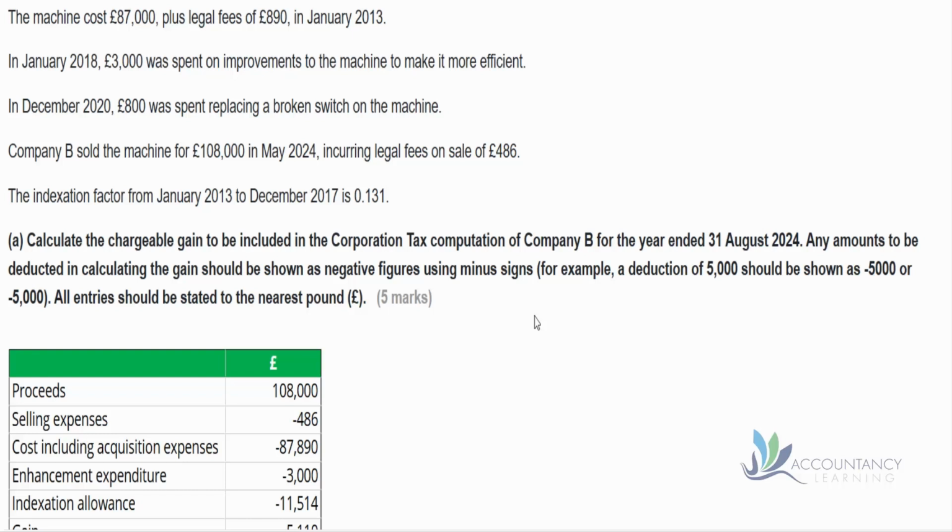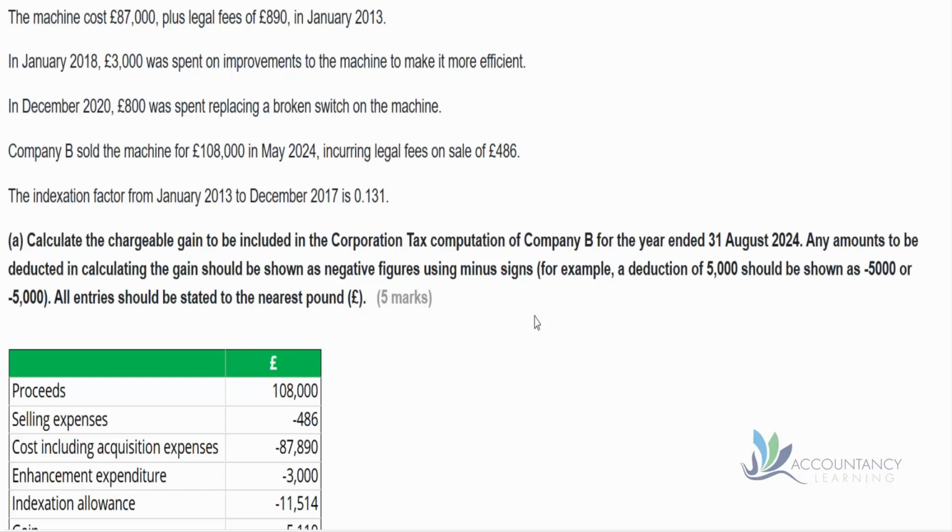But the initial expenditure isn't the only thing, is it? Because we also have the enhancement expenditure of 3,000. So we could also apply the indexation allowance to that 3,000 enhancement expenditure. But notice that the enhancement expenditure was in January 2018.